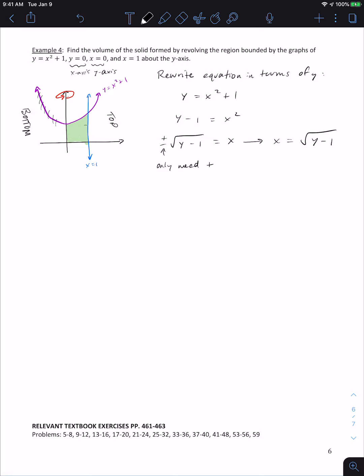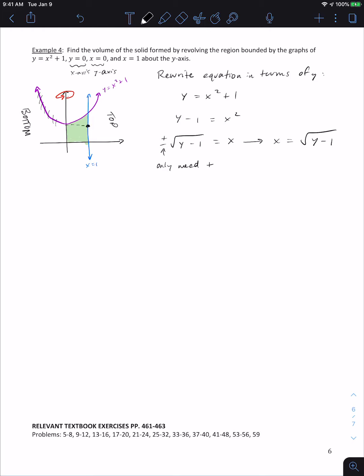For this part right here, my top function is x equals 1 and my bottom function is the square root of y minus 1. But then over here, my top function is 1 and my bottom function is just the y-axis. So some strange shift happens right at that point.